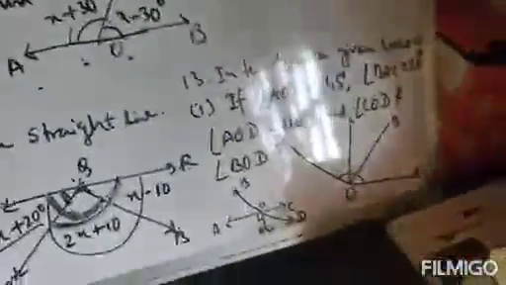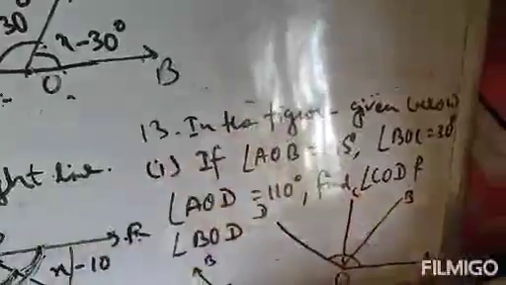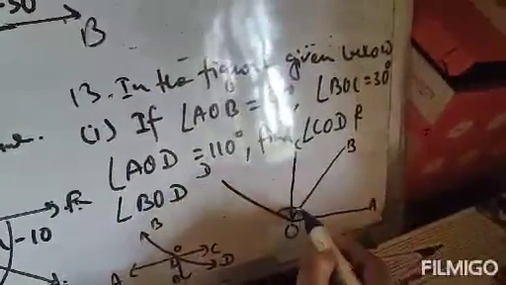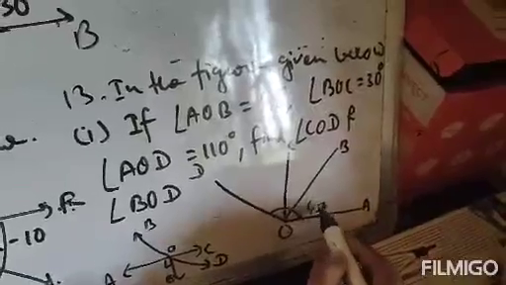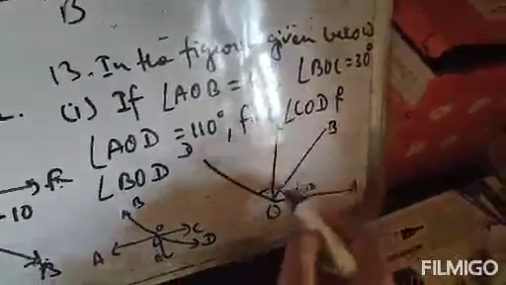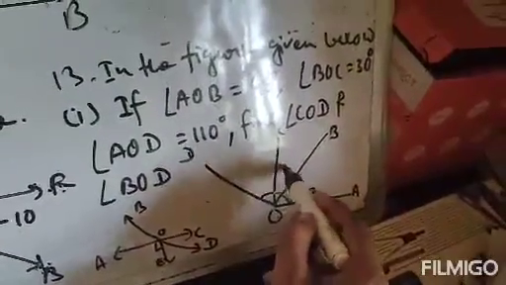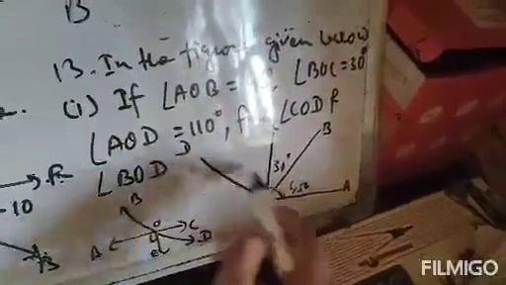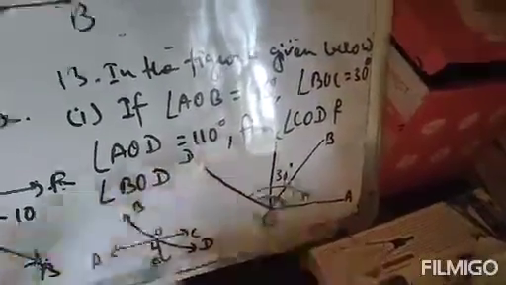The diagram is given, and it says in the figure given below, if angle AOB is 45 degrees, AOB, that means this small portion, is 45 degrees, and BOC, this middle portion, is 30 degrees, AOD is 110 degrees given, AOD, that means this total portion, is 110 degrees. Clear?